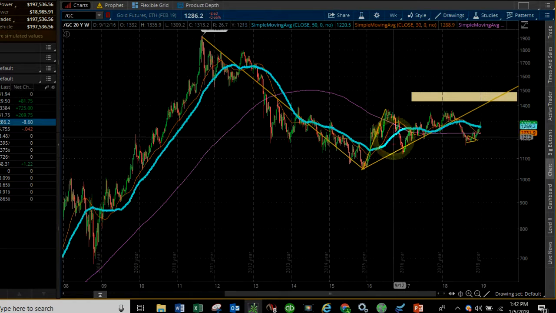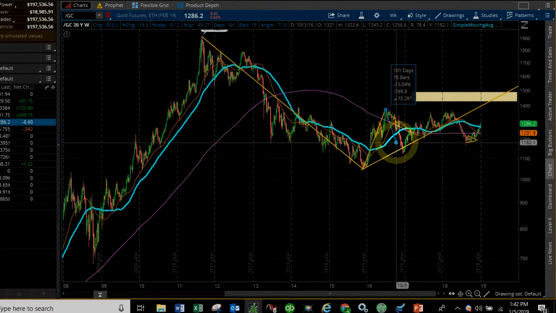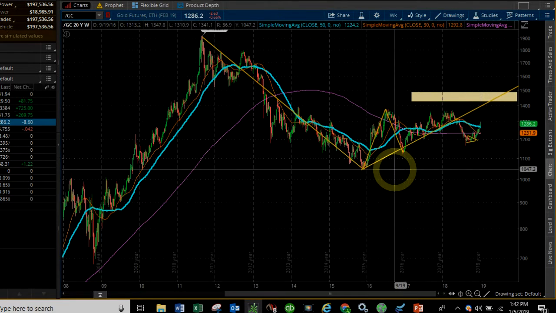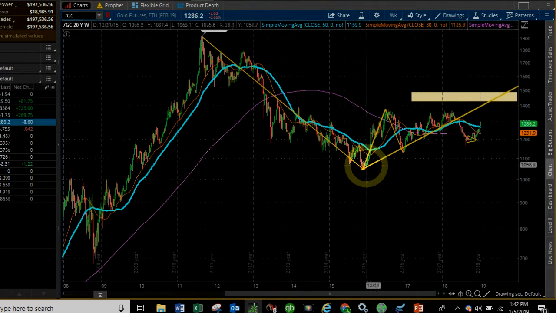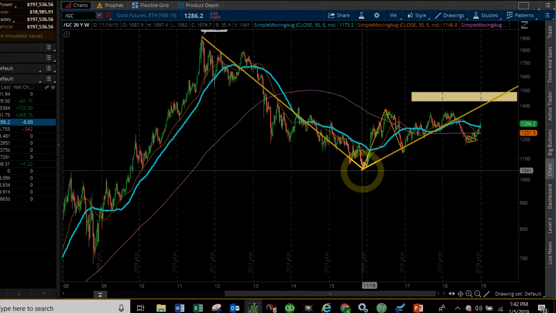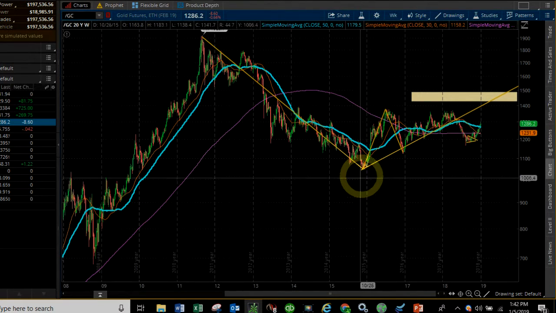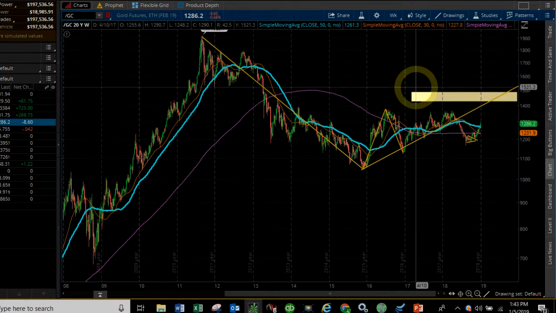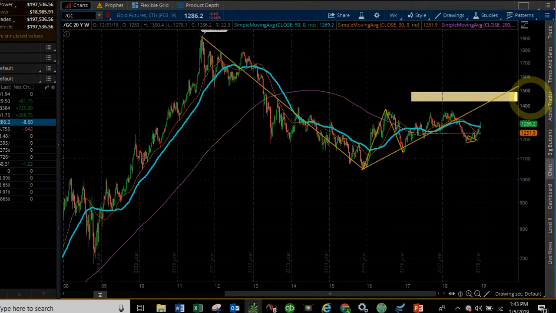The reason, let me just tell you why this is the important pivot, because you may be going, well, why is he picking that one? That just seems kind of arbitrary. The reason this is the important pivot is because this was the low. This was the most recent low. So this was the move off that low. So this becomes the pivot now that will provide resistance.